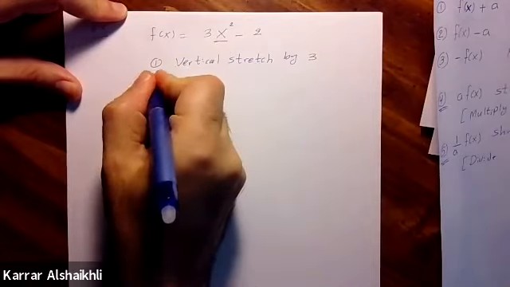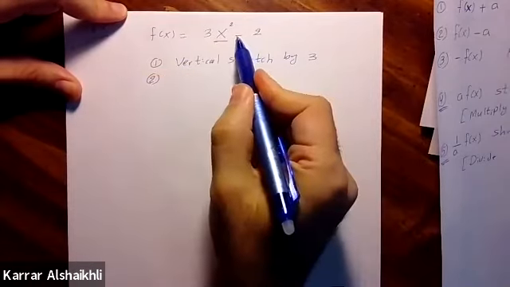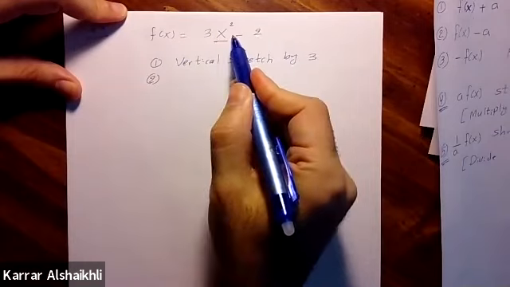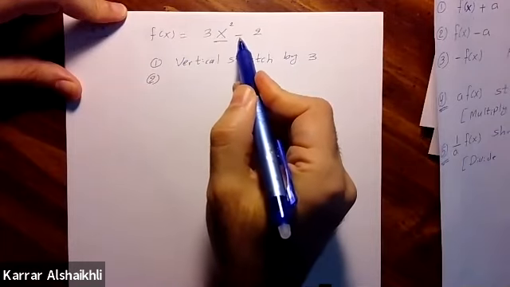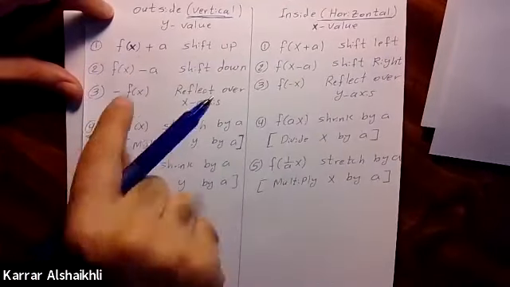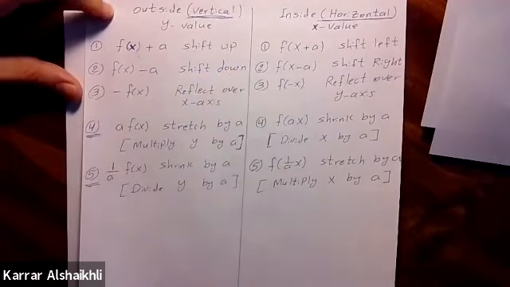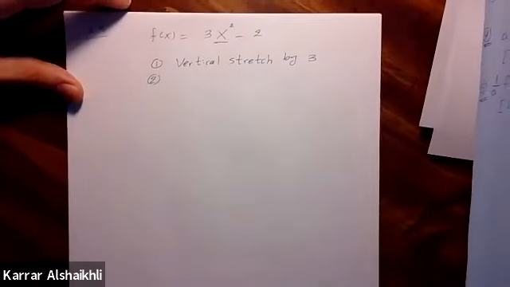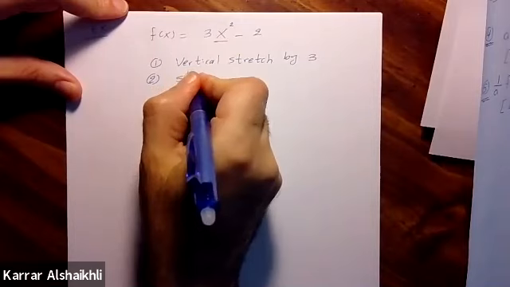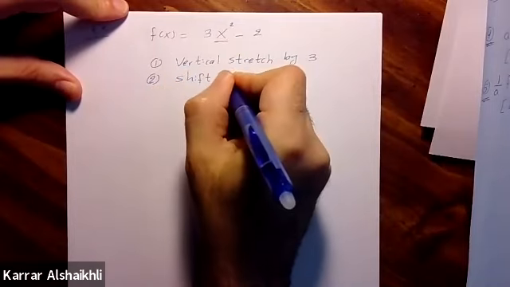The second technique here, minus 2. This is the parent function minus 2. It's exactly like here. Parent function minus 2 means shift down. So I'm just going to write down here, shift down.